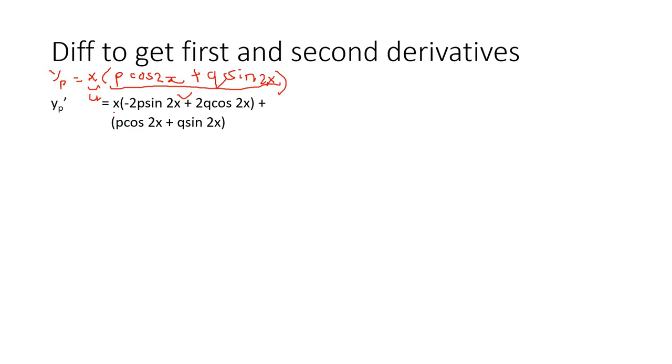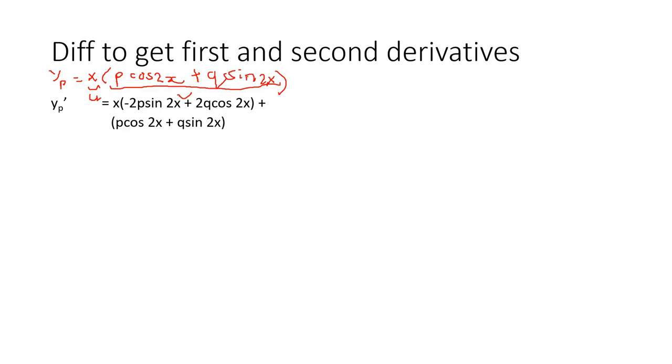My solution here is that this is u and this is v prime. That means maintain your u and differentiate the v. So you differentiate p cos 2x, differentiate cos, you get negative 2 sin 2x. That's why you have negative 2p sin 2x.